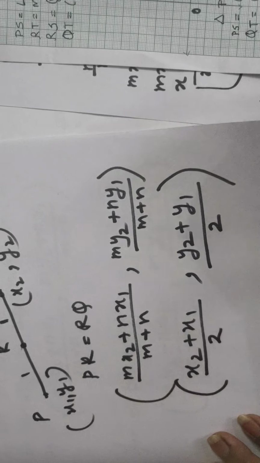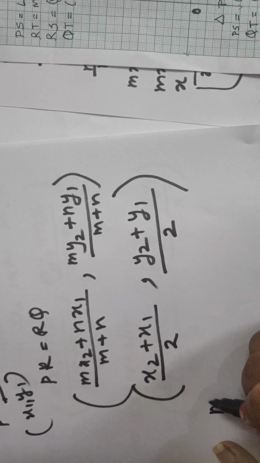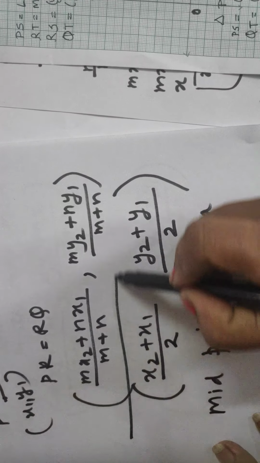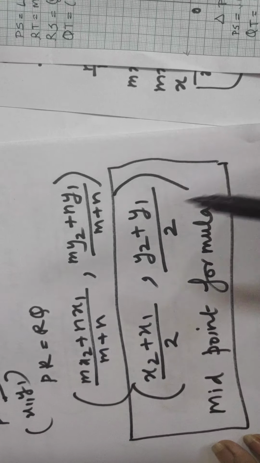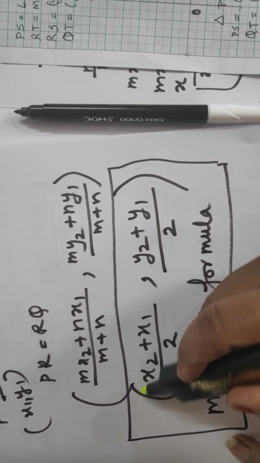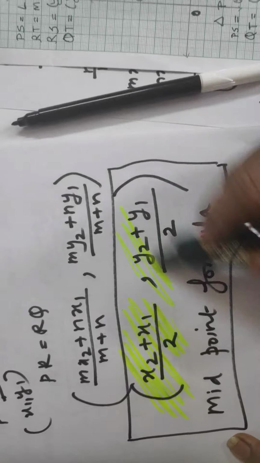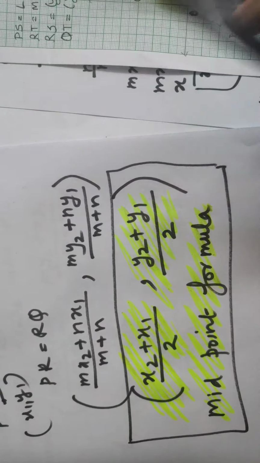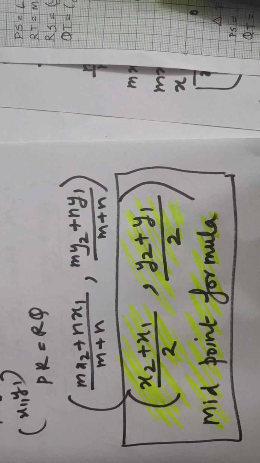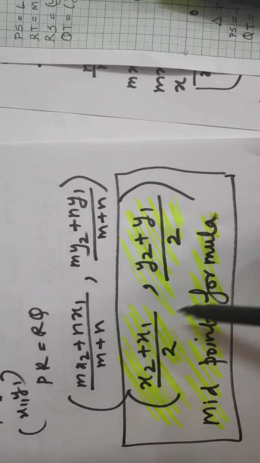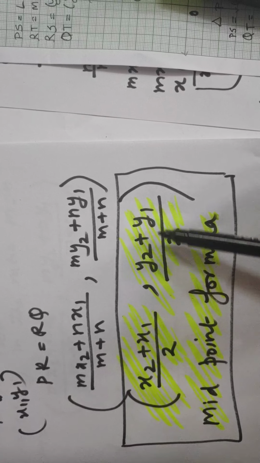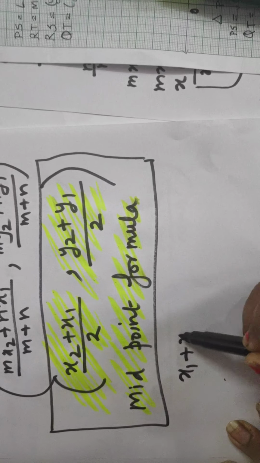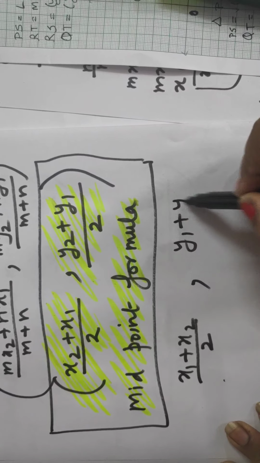So this is called the midpoint formula. When any point is dividing the given line segment in the middle, we can easily find it by using (x1 plus x2) upon 2 and (y1 plus y2) upon 2.